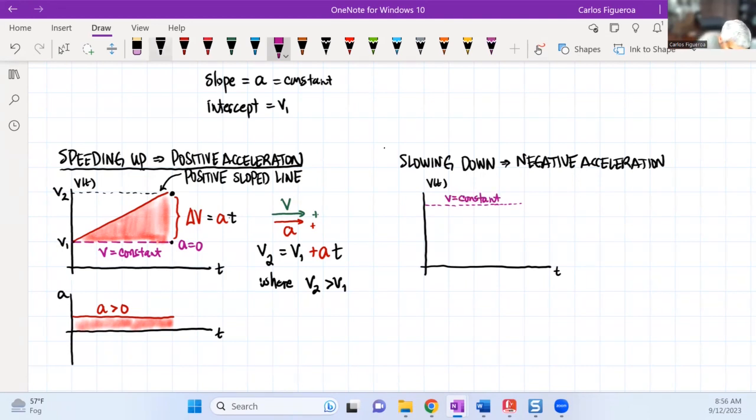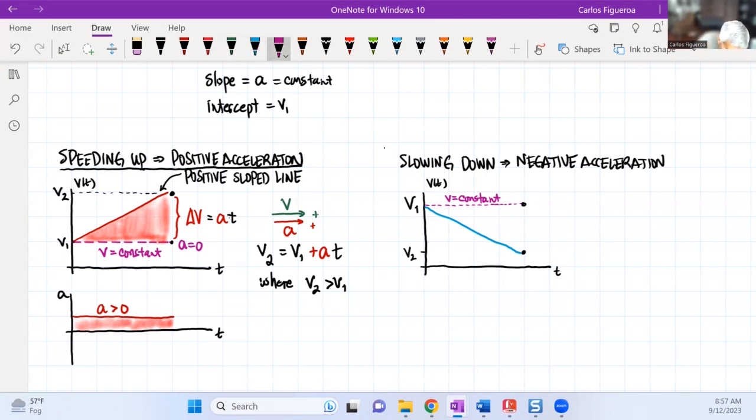At this point, I'm calling this V1. If I'm going to decrease my speed, that means I have to have a line that goes down to V2. So let's say that this line here is V2 and that this represents my point right here. So my line is going down to this point right here.